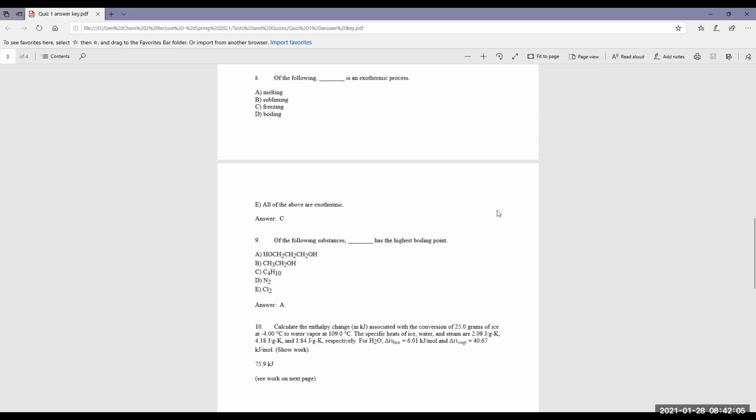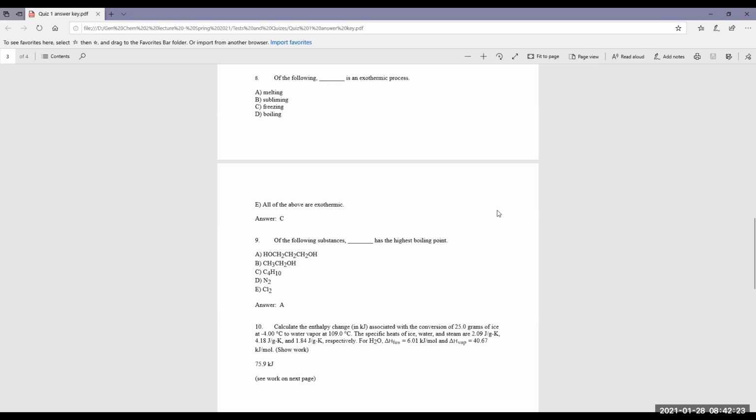With the CH3, CH2, OH, you have some hydrogen bonding, but you have more of it with the other choice because there are 2 of those OH groups attached to a carbon. So that's why that one has the higher boiling point.